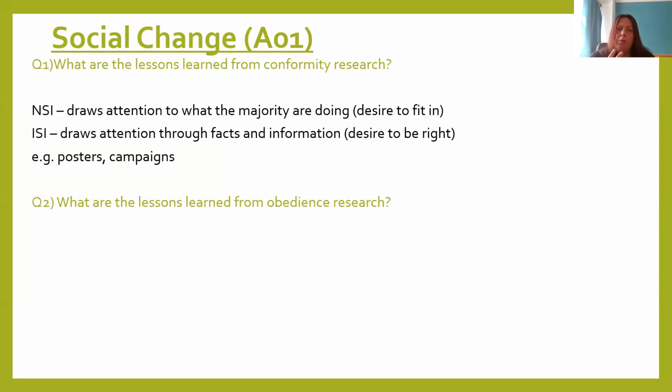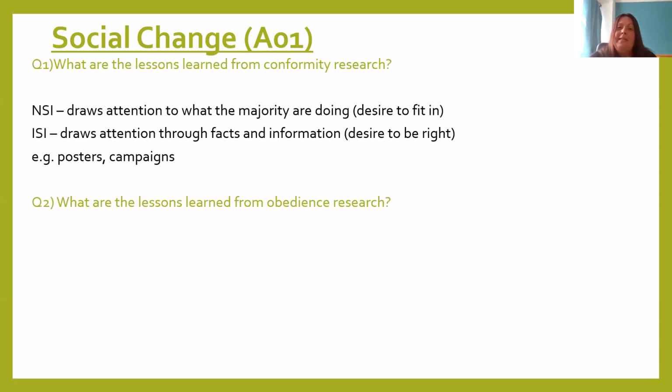So in terms of helping people to bring about social change, think along the lines of creating posters and positive campaigns that individuals will get on board with, sticking up posters, sticking notices on bins to encourage recycling. And if they think that other people are doing that, then we want to do that as well.